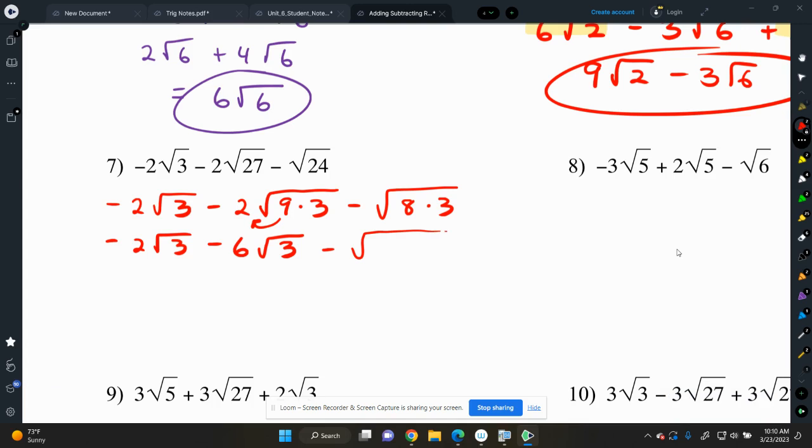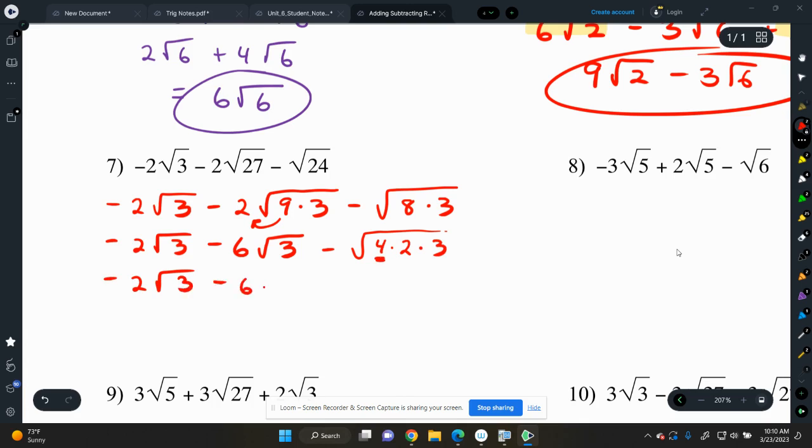Okay, so does anyone see a way we could simplify that? 4 and 2. Yeah, the 8 is 4 times 2, and we know the square root of 4. So we're going to do 2 root 3 minus 6 root 3 minus 2 root 6. The 2 and the 3 are left inside. So now we have like terms right here.